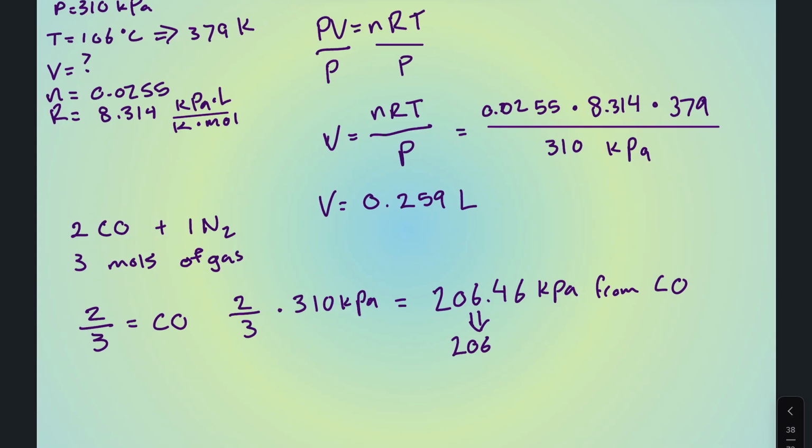And then what's the mole percent of N2 in the gas? Well, we're going to do the exact same thing. We know that there are 3 moles of gas, and one of those moles is N2.